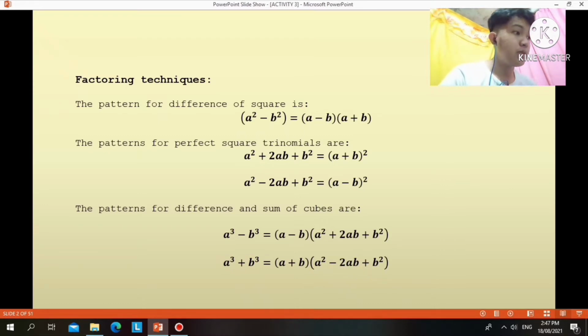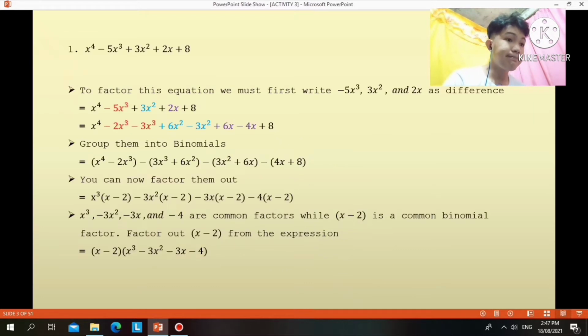So let's factor the number 1 problem. To factor this equation, we must first write negative 5x cubed, 3x squared, and 2x as a difference. The difference for negative 5x cubed is negative 2x cubed and negative 3x cubed.